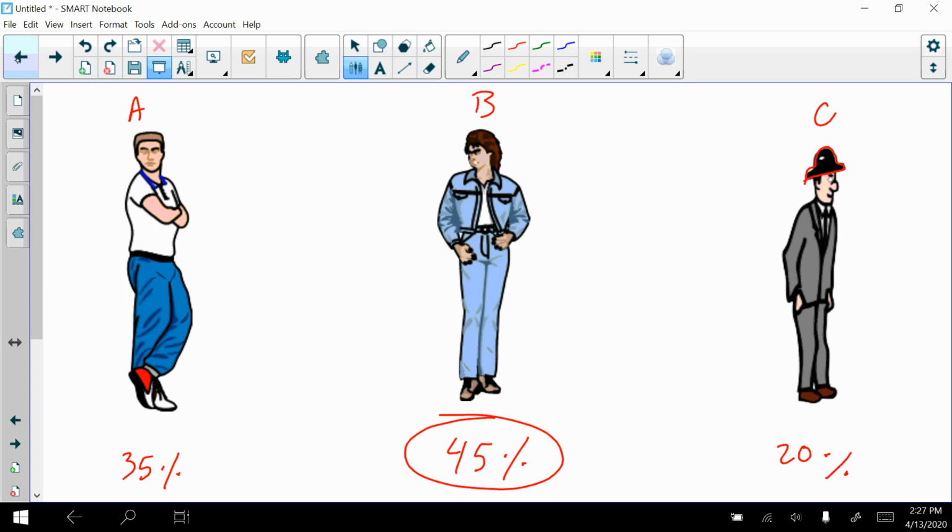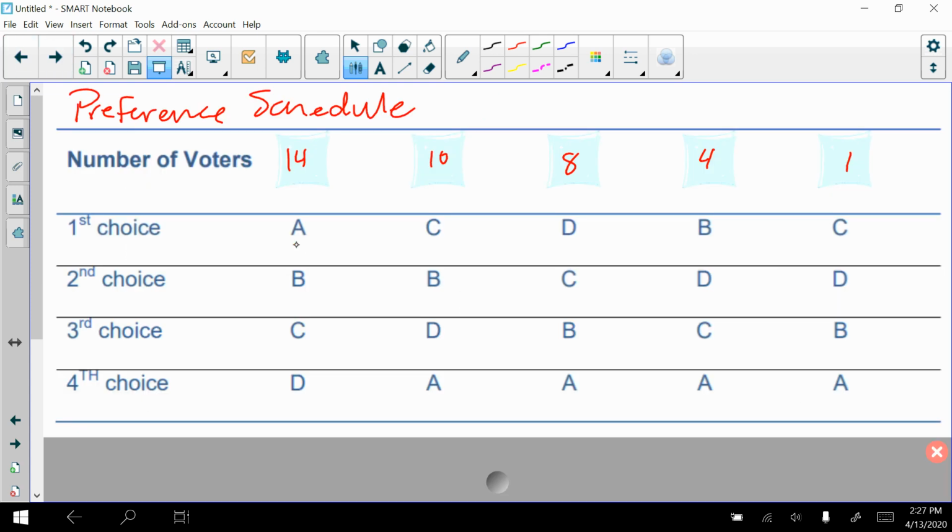Let's say we have candidates A, B, C, and D, and they are running for student council president. This is how you can read this. First choice: if I scan across this row, this is telling me how many people voted for each candidate as a first choice vote. So this means that 4 people had B as their first place vote.